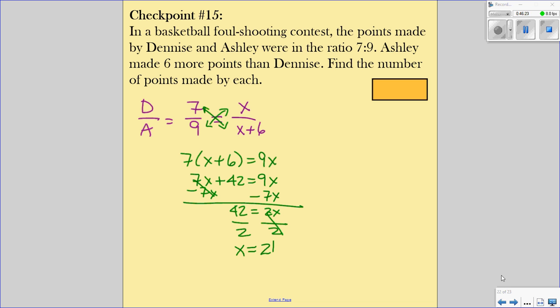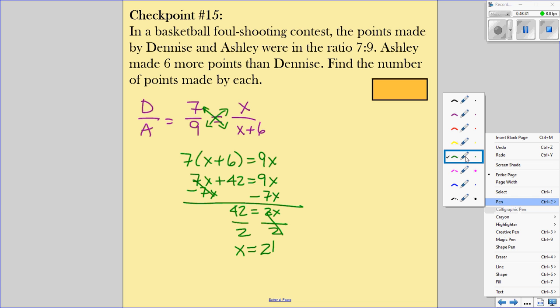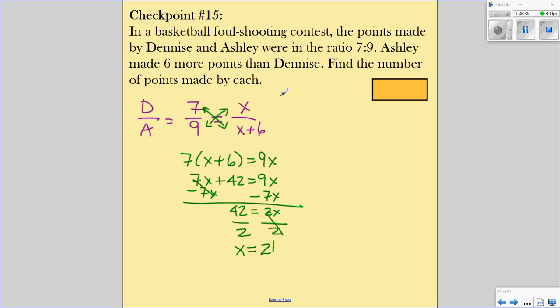And now you're going to plug it back in. I should have used another color, right? Or I'll just use green. Alright, so now we're dealing with the 7 to 9. So first, Denise is 21 points, I'll put 21p.